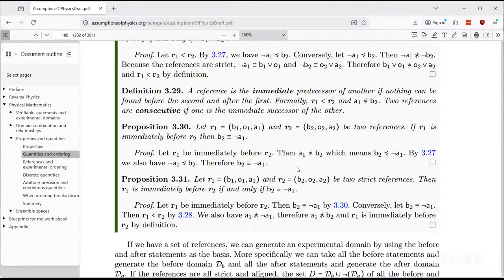I'm not sure I understand this. So these are just equivalent characterizations for when we have immediate predecessors for strict references.